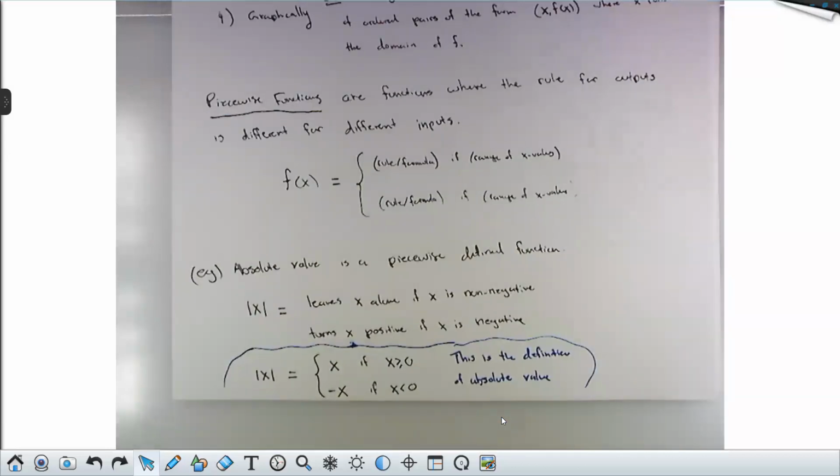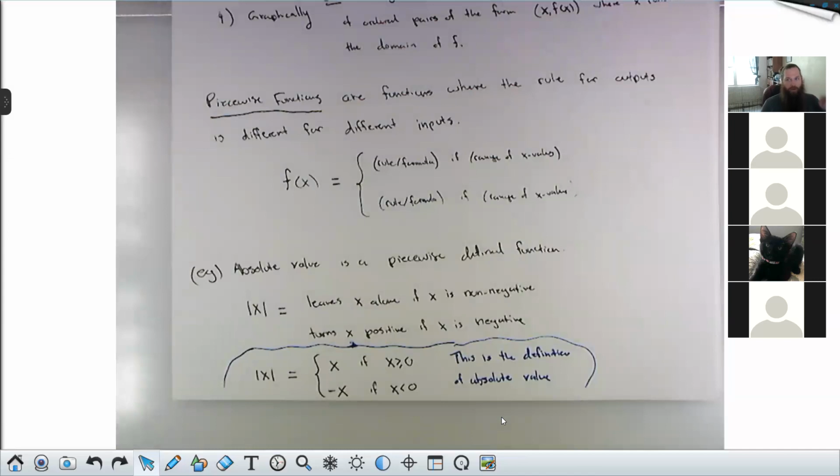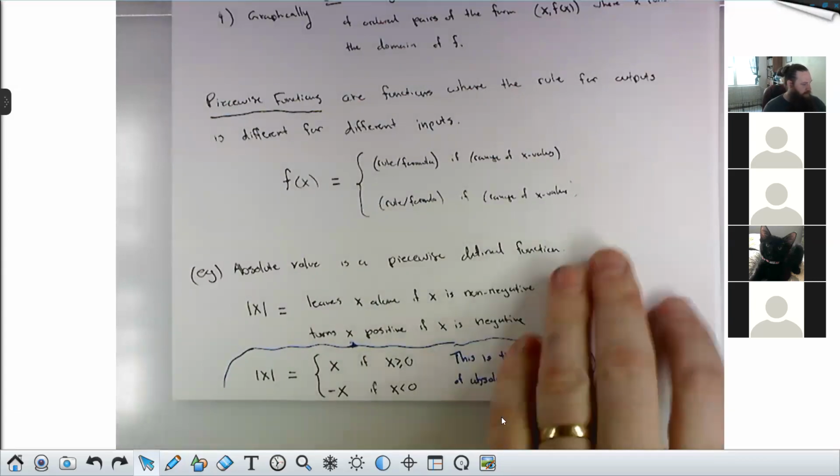It's also the best way to get the graph. So normally, if I want to graph a function, I don't know anything at all about it, I can just make a table, right? I can make a table of inputs and outputs and then plot those in the plane. I want to show you how to be a little bit more sophisticated about graphing piecewise functions, and we're going to start with the absolute value here. Graphing piecewise functions.